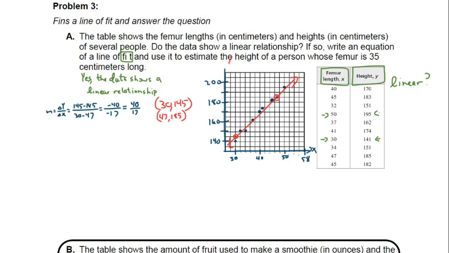And to find a b value, basically we just take one of the points and plug that and the slope in. So y equals mx plus b. I'll pick the first point, 30, 145. So my y value is 145 equals my slope of 40 over 17, my x value was 30, plus b.